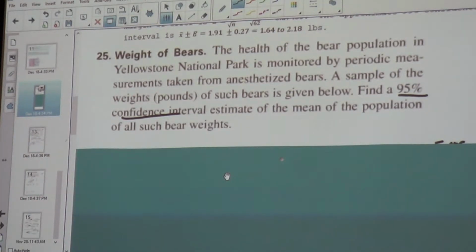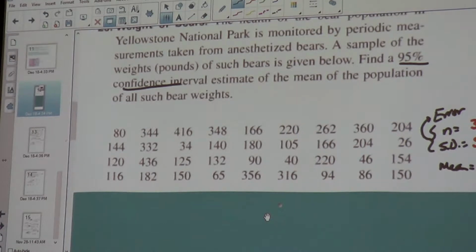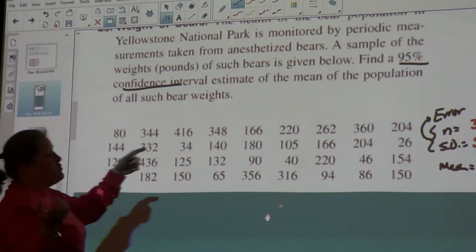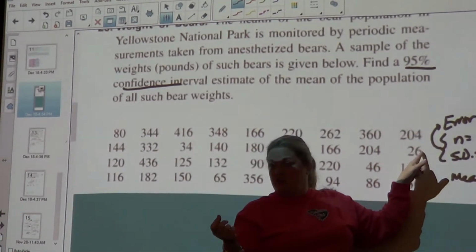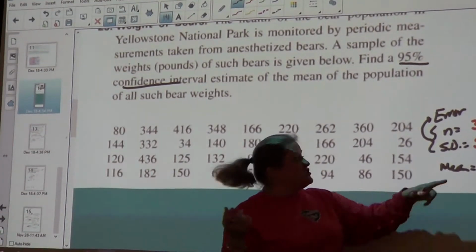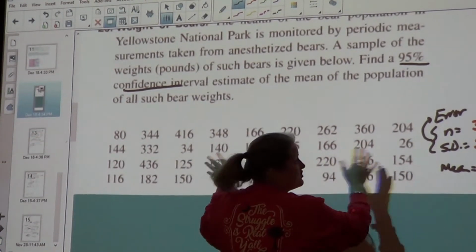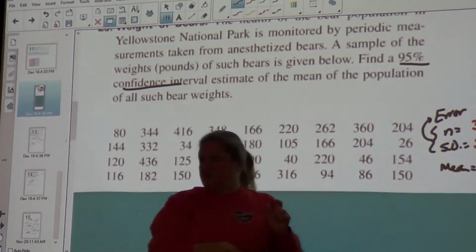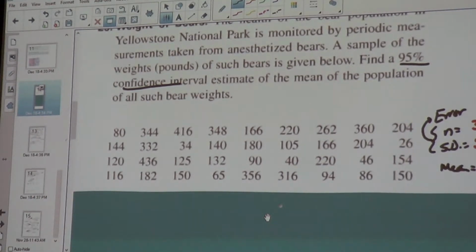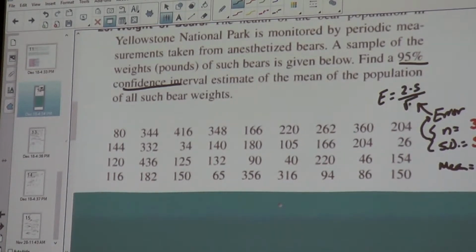No. So this is such an awesome problem because they gave you data and they didn't give you anything else. You have to know the error to wiggle off the mean, but they didn't give you any of that. So there's 36 numbers here, so we know that 36 is our n. The formula for error is E equals 2 times S over square root of n.